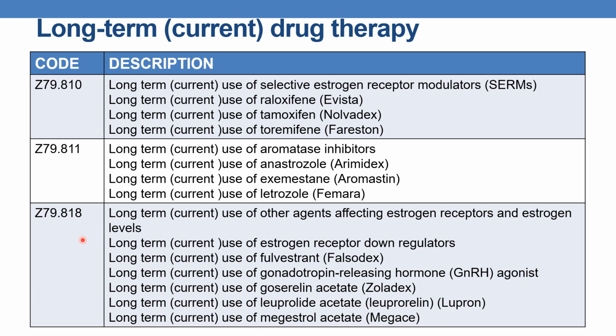And finally, Z79.818. It deals with long-term use of other agents affecting estrogen receptors and estrogen levels. For example, estrogen receptor downregulators, fulvestrant, or gonadotropin releasing hormone agonist, or goserelin acetate, or leuprolide acetate, or megestrol acetate. In all these cases, the code is Z79.818.